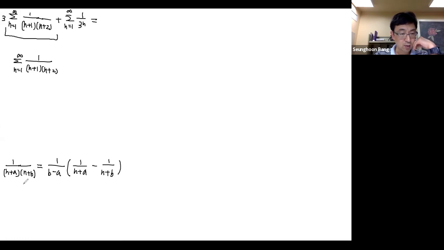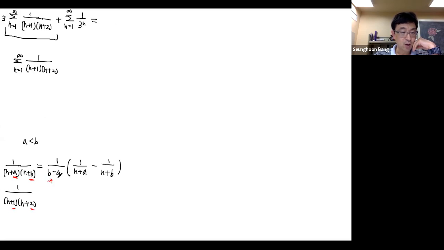Here, we know b is greater than a. Compare with 1 over (n plus 1) times (n plus 2). What is a here? This a is 1, and b is 2.